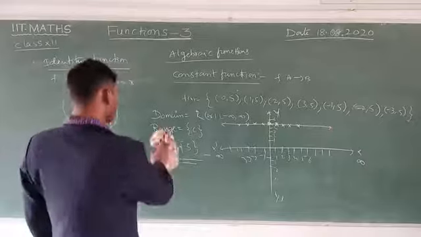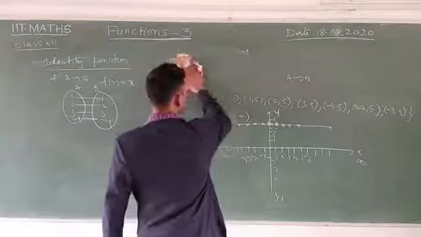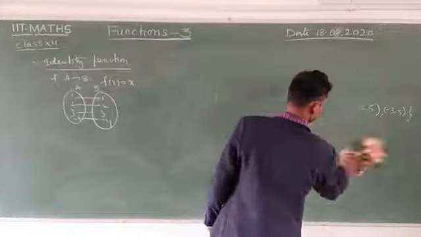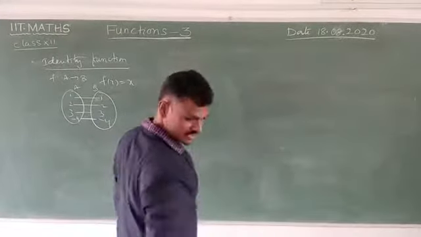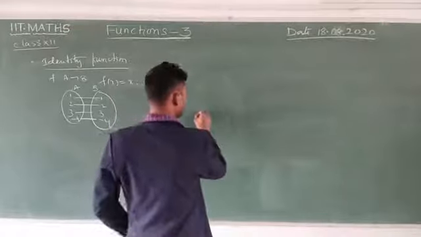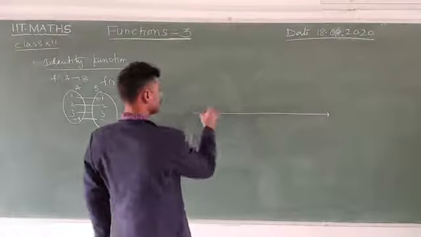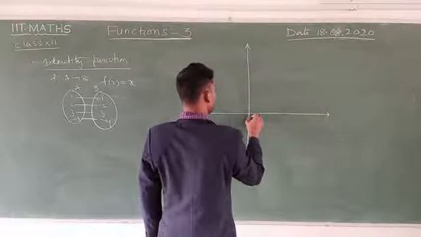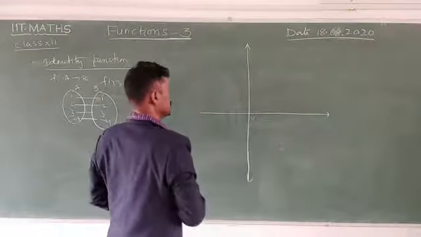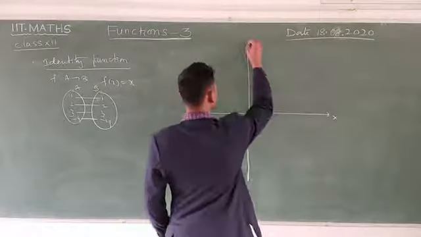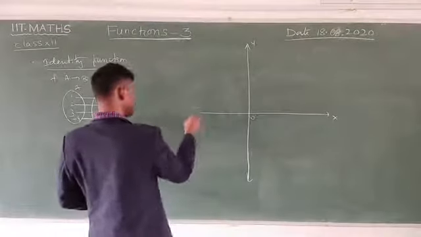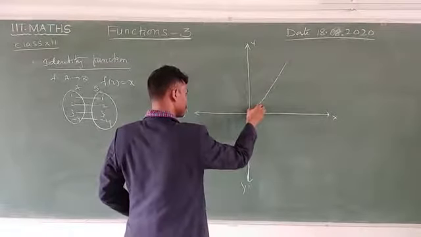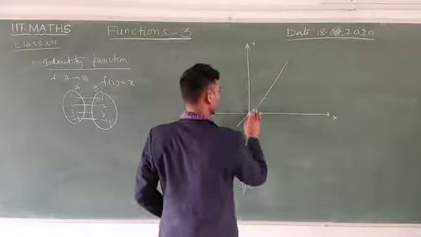Now we have to plot the points on the graph of the identity function. See how it is. Take x-axis and y-axis, and this is the origin. Now you have to plot the points. The graph is a straight line which is passing through the origin.